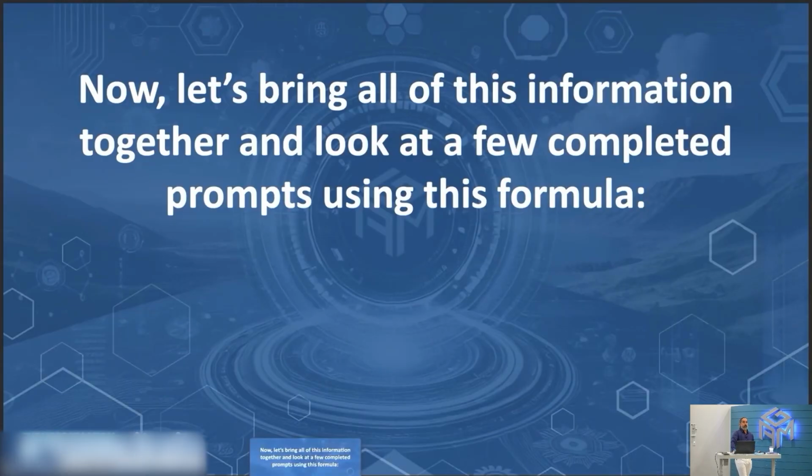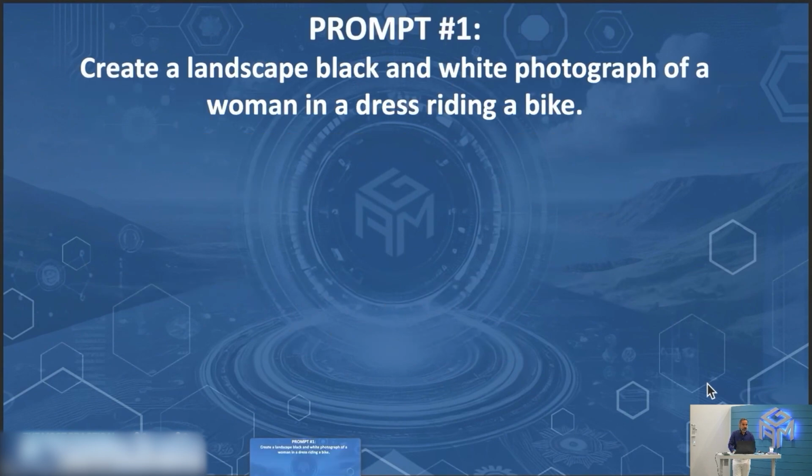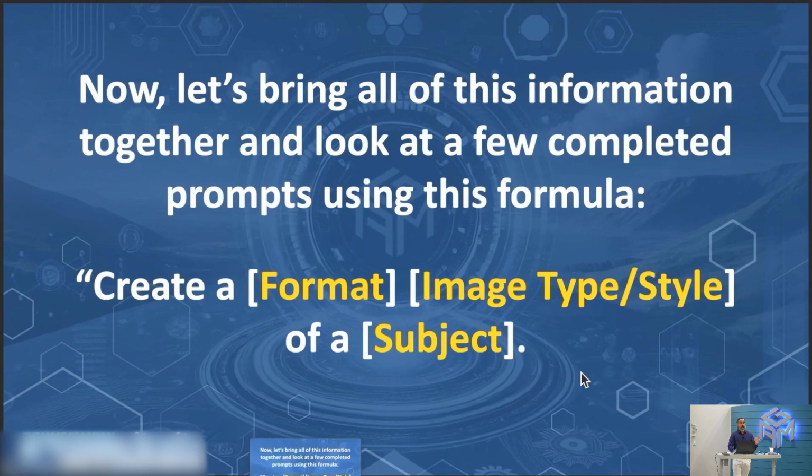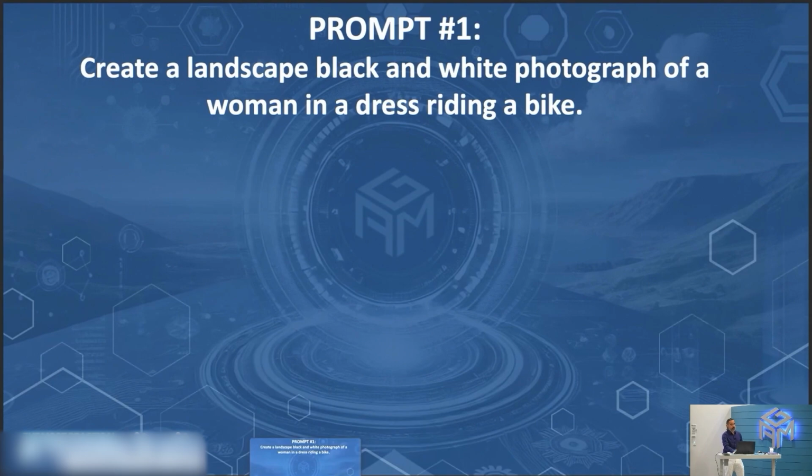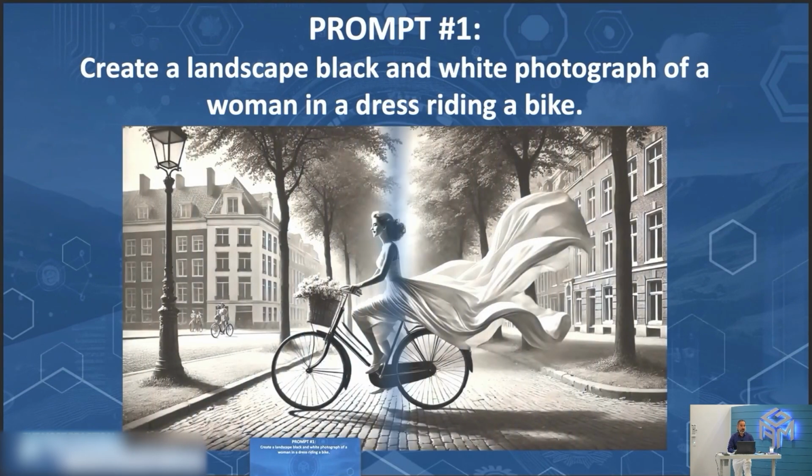So now let's bring all this information together and look at a few completed prompts using this formula. Create a format, image type, style of a subject. Create a square, vertical, or landscape. Create a landscape, black and white photograph of a woman in a dress riding a bike. Wow. It is something that you have access to right now within the same tool, and you can start using that for your own social media game right now.